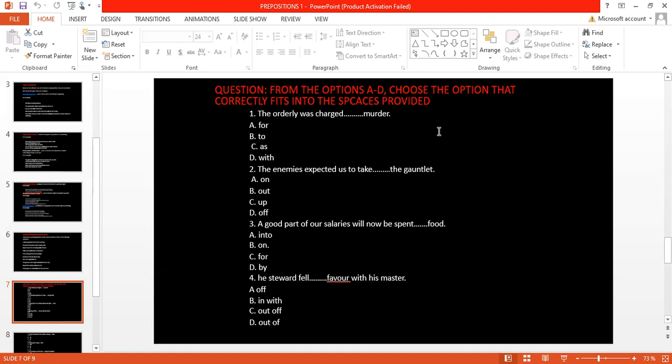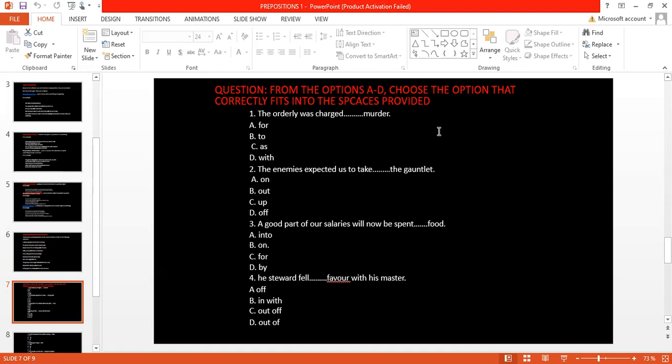The orderly was charged with killing. We refer to this as a fixed expression because it's coming from the domain of legal discourse, legal matters.